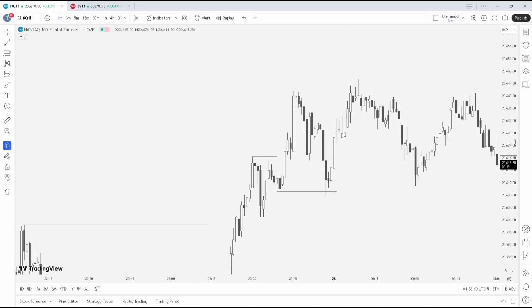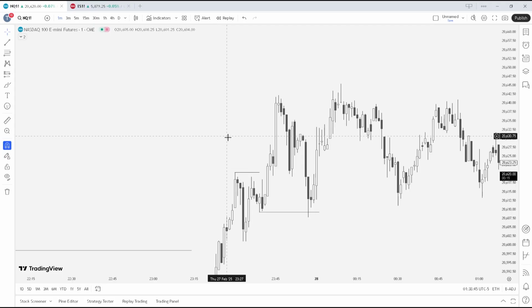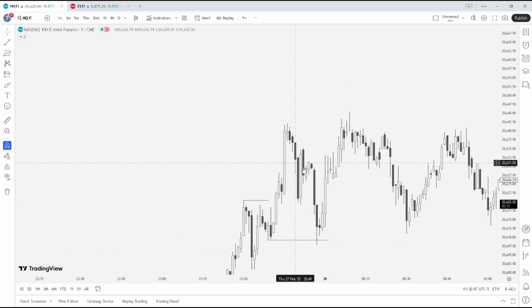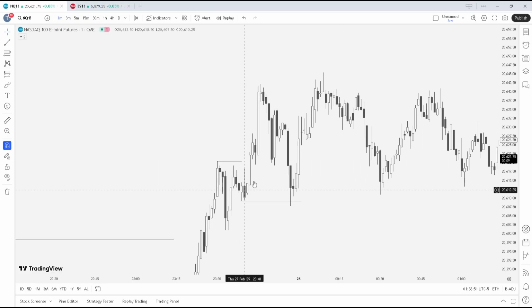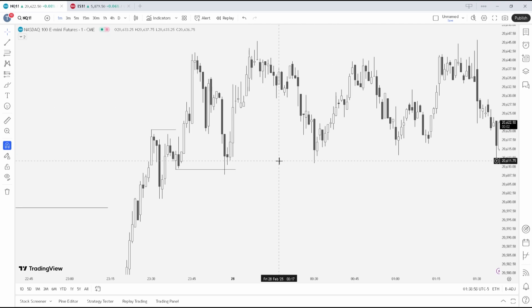So it's unreasonable to expect that every time you sweep buy side liquidity, we get a huge move down. But you can see, once we move higher, we get this move lower. And then once we sweep the sell side liquidity, since we're bullish, we just get an immediate reaction higher, right?